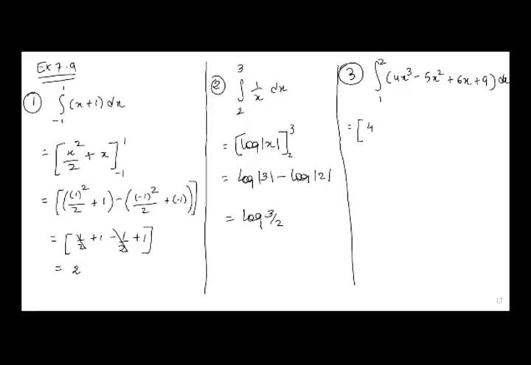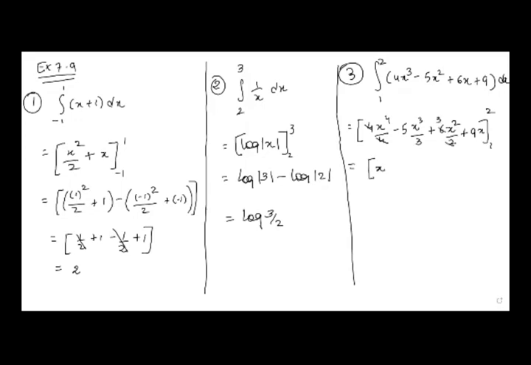So 4 will come out of integration, x raised to n plus 1 upon n plus 1, x raised to n plus 1 upon n plus 1, x raised to n plus 1 upon n plus 1. Integration dx is just x. We'll cancel the terms if it is possible.